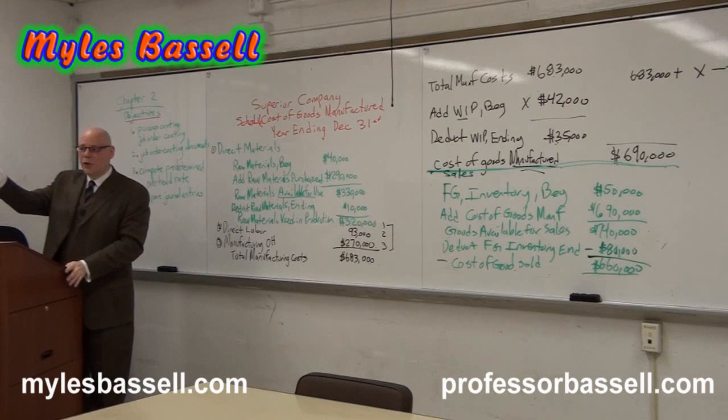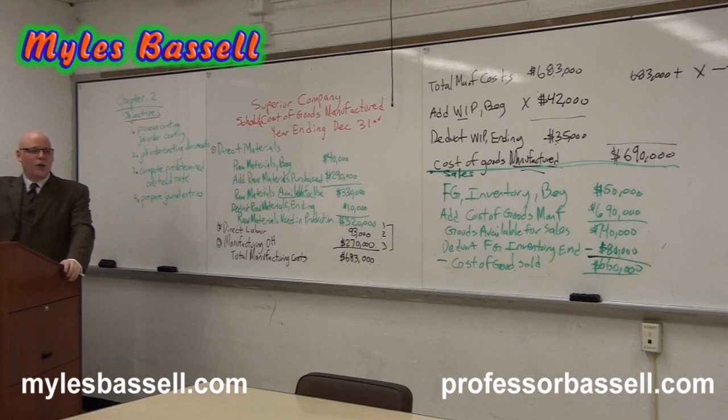So what would be an example of a company that would have job order costing? Someone who makes wedding dresses. Right, so every wedding dress is unique.